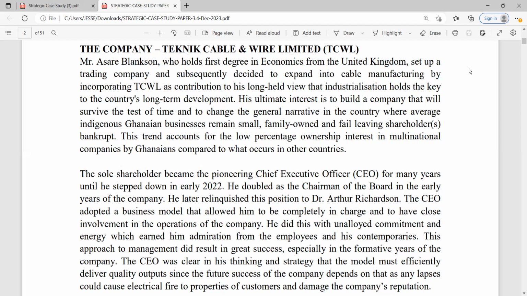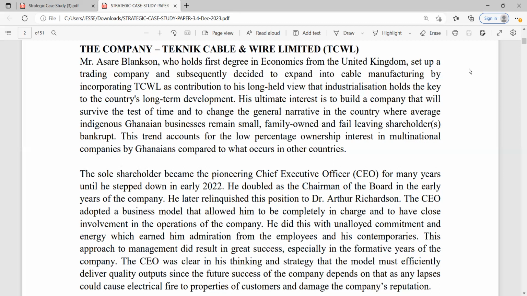So if you are the CEO and the chairman of the board, one of the key things you think about is that it means that you have a lot of work on you, chairing board meetings, etc. So we see that he later relinquished this position to Dr. Arthur Richardson.